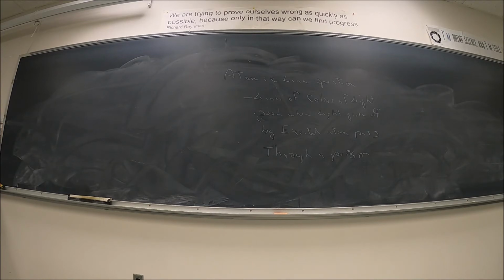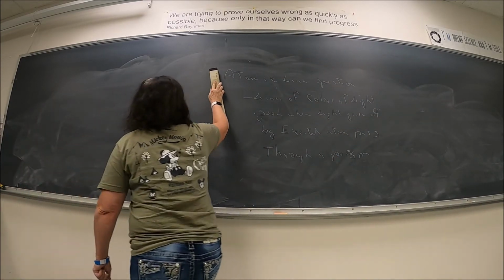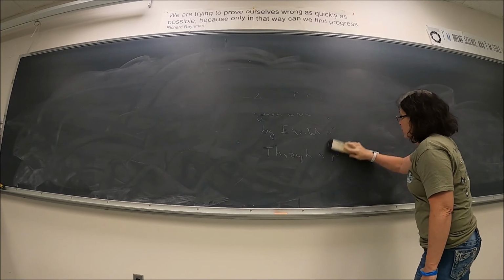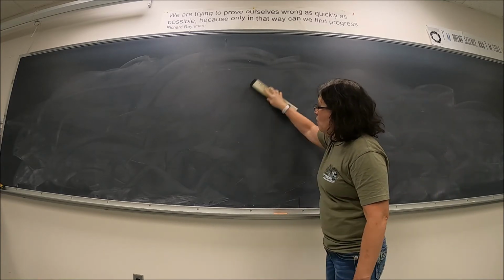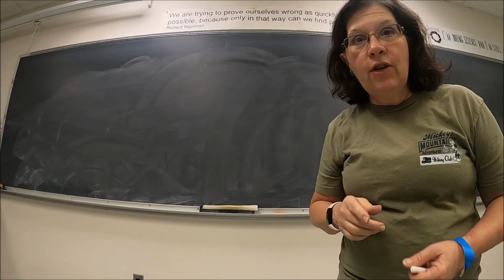Line spectra couldn't be explained by classical physics. So in steps a young scientist by the name of Niels Bohr. Niels Bohr worked in the lab of Rutherford. Think about Rutherford. He was the one who found the nucleus of the atom for us.